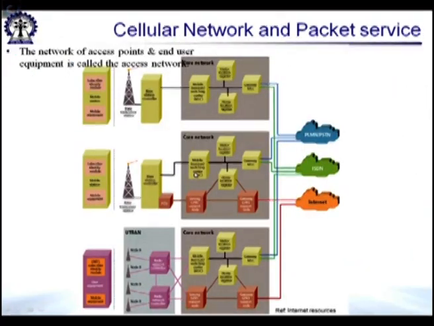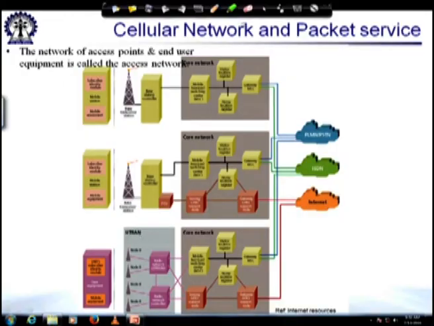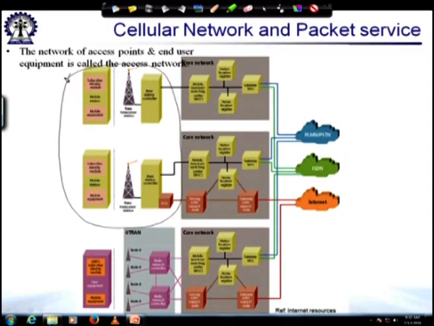Moving on further, if we take a look at the typical cellular network, there is a base station and there are subscriber modules. This part of the network, which has the mobile phones and the base station, is typically part of the access network. In case of mobile telephony, it is also known as the radio access network.